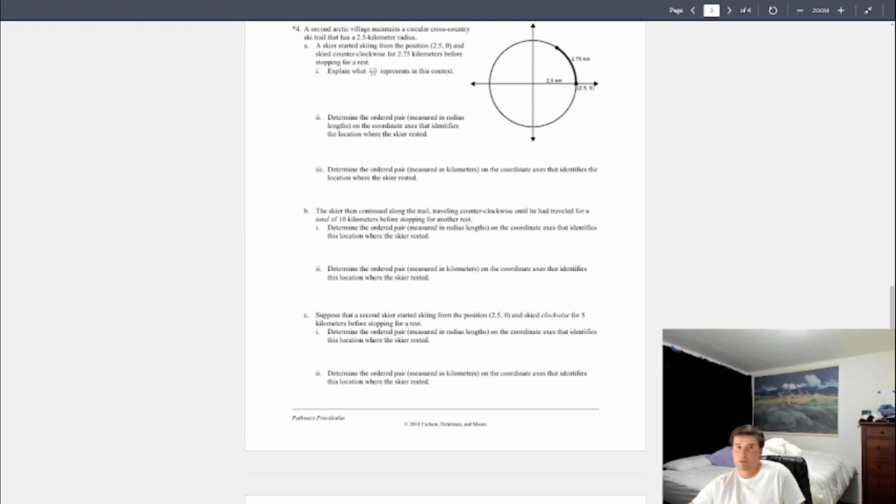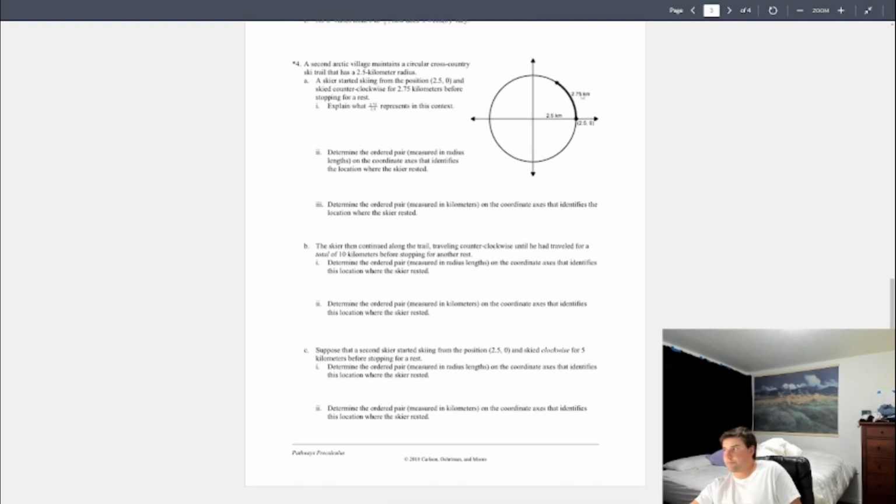Okay, 2.5 times pi divided by 2. 3.92 is the arc length. So with the radius of 2.5 from here to here, the distance traveled is 3.92.